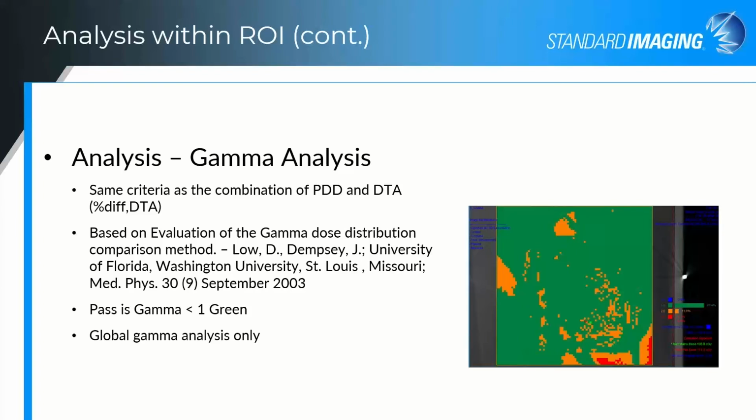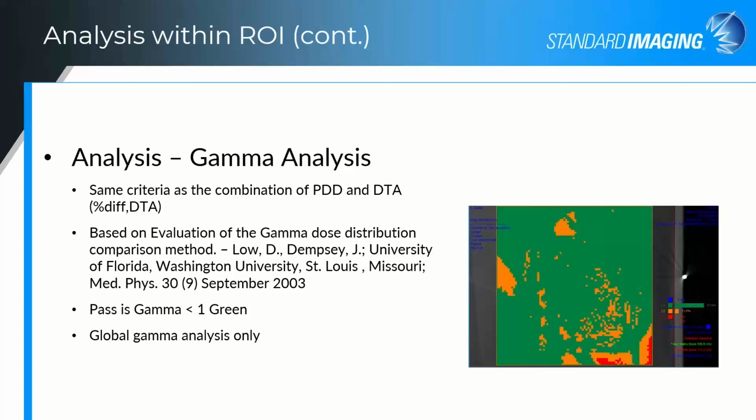The gamma analysis is based on the 2003 paper by Low. The gamma pass criteria is less than 1 and designated in green in the graphic and the histogram here. Gamma 1 and less than 2 is designated in orange, and gamma from 2 to less than 3 is shown in red, and there are no points beyond a gamma of 3 for this particular analysis.